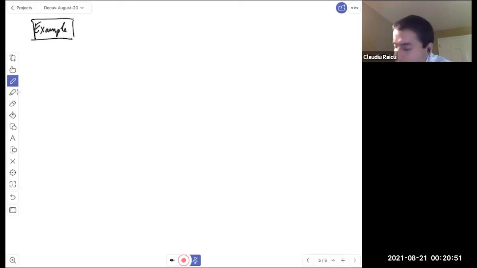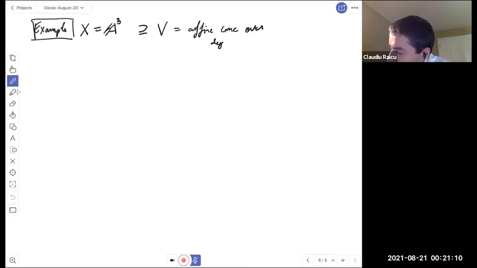Let me take X to be just affine space, and I'll take V to be the affine cone over a degree d plane curve. And I promise you're supposed to get 2d minus d squared.